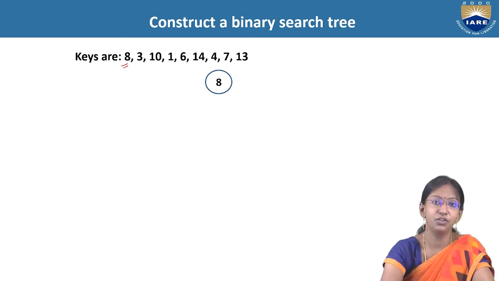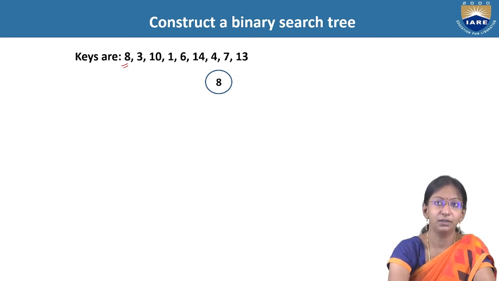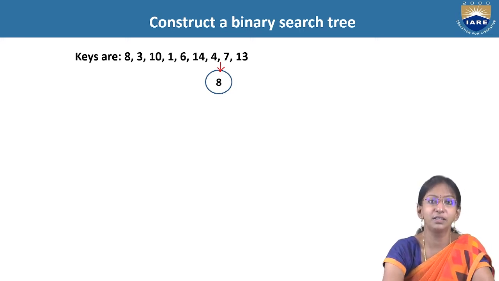As initially the tree is empty, the first node will be the root node. After 8, what is the element that you have to consider? 3. So 3. Compare it with 8. Is it less than 8 or greater than 8? As it is less than 8, we have to insert it into the left subtree of 8.